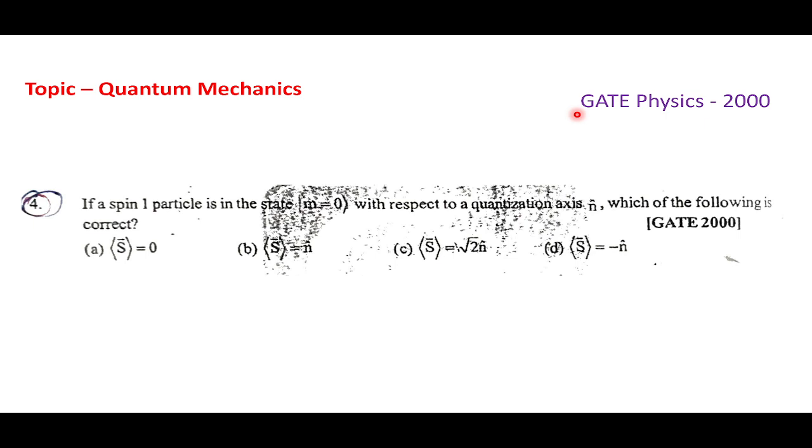It is given that a spin one particle is in the state m equals 0. So basically the azimuthal quantum number is given as m equals 0. This is related to the spin azimuthal quantum number, because nothing is given about the orbital angular momentum. It is not specified here, but it should be ms equals 0 with respect to the quantization axis n cap.